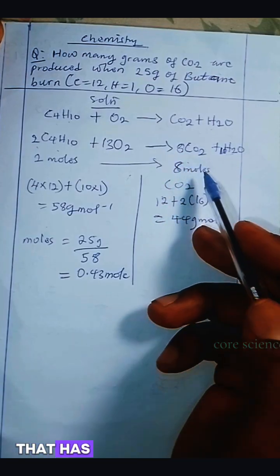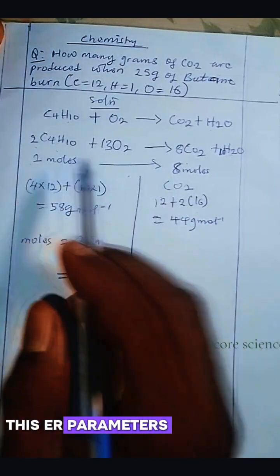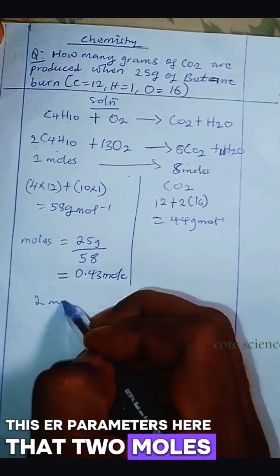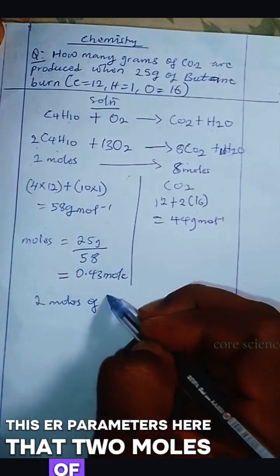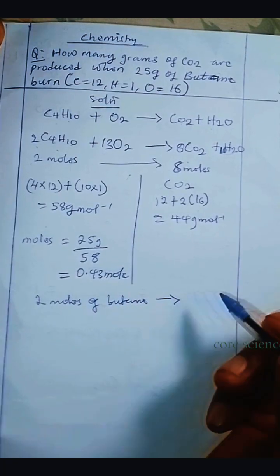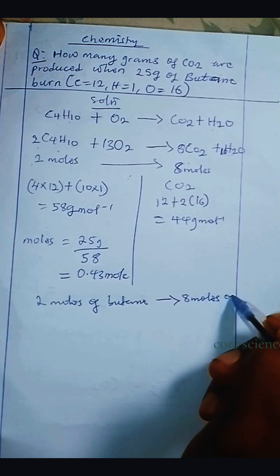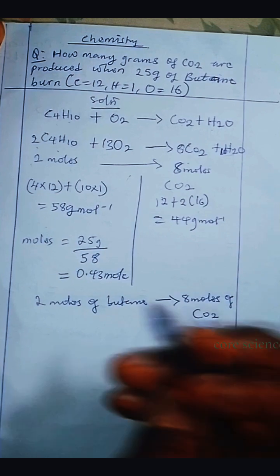We cannot calculate the number of moles of carbon dioxide because we don't know the mass of carbon dioxide that has been yielded. So we are going to use these parameters here, that 2 moles of butane yields 8 moles of CO2.